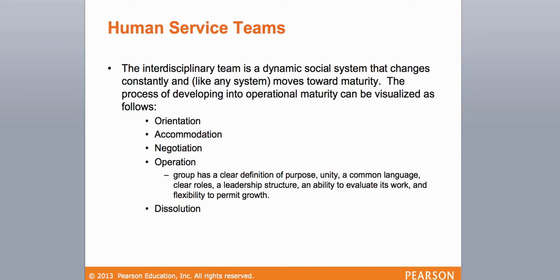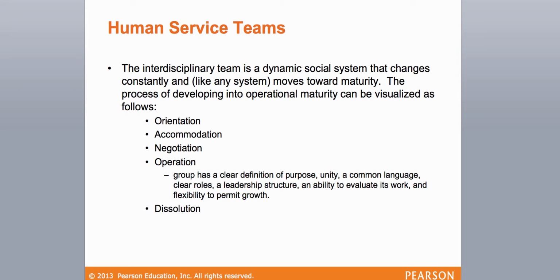It is a dynamic social system, and like any system, it has a tendency to move towards maturity. That tension between stasis and change is constantly going on. And if some change doesn't come in, if new things aren't introduced, new information doesn't come in, eventually the team dissolves because there's really no more purpose, if the goal is achieved and nobody has anything new to contribute to the process.